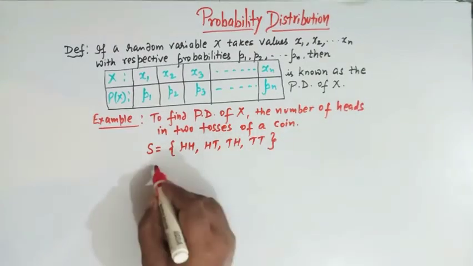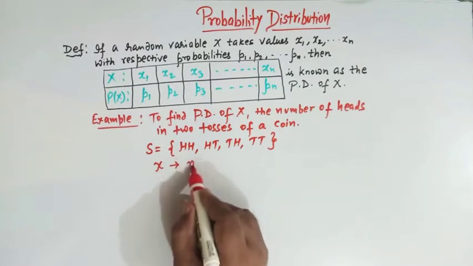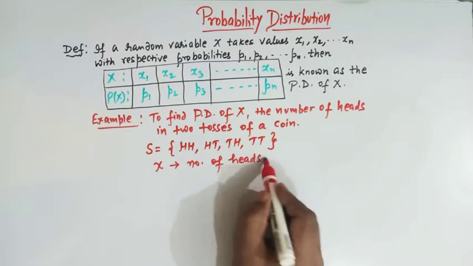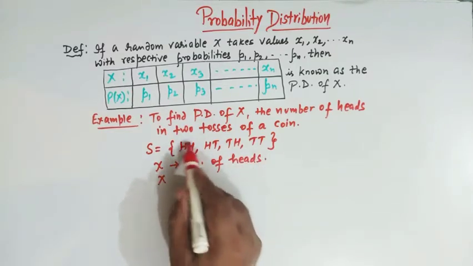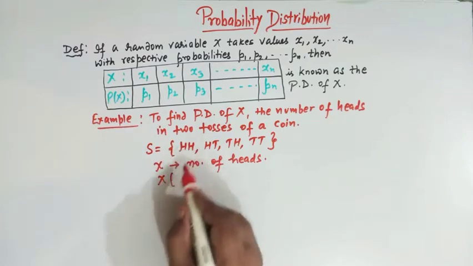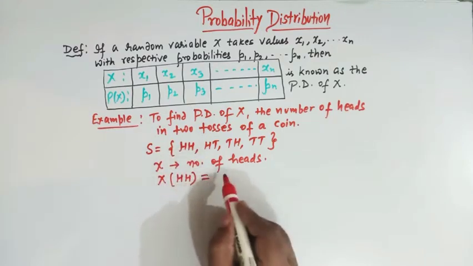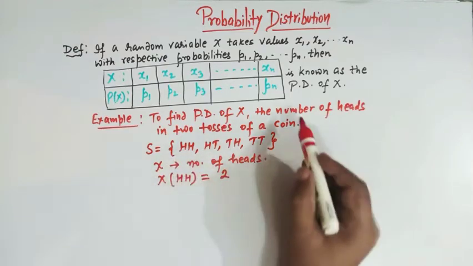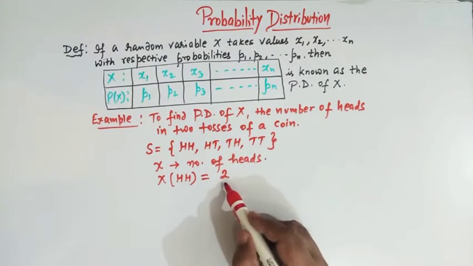Now here the random variable x denotes the number of heads. So we see that if we take the event HH, then the value of x of HH is 2, because here we have 2 heads, and the random variable x takes the value 2.